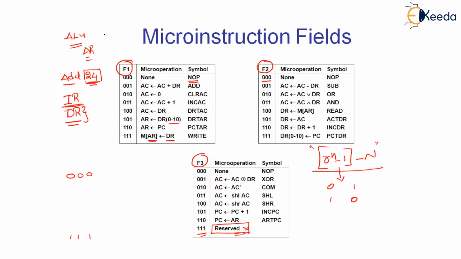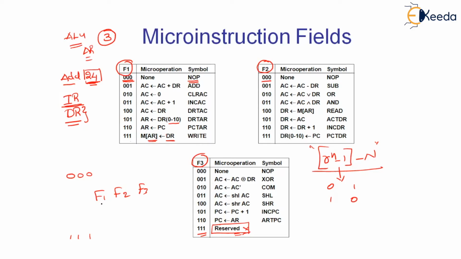The first three fields hold 3 different micro operations. Rather, they can hold a maximum of 3 different micro operations. It doesn't mean that every micro instruction is going to hold 3 micro operations. Sometimes they hold 000, saying that no operation is going to be performed. That is, we do have F1, F2, F3, and all of them need not have some micro operation.